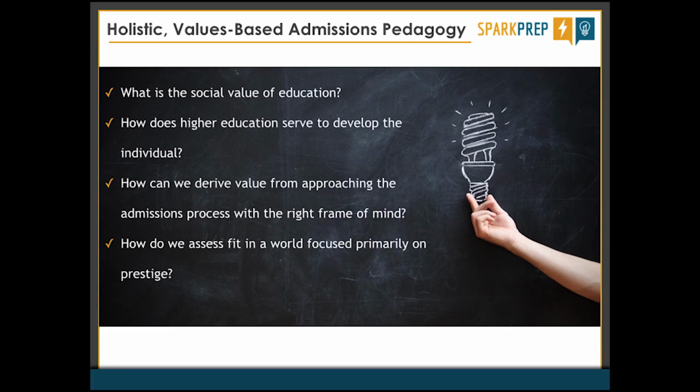The basis for our pedagogy really is this inquiry-based approach to applications. What is the social value of education? How does higher education serve to cultivate and develop the individual, right? Some of these very difficult questions, but really valuable questions to at least plant the seeds in students, because those are the seeds that will blossom throughout their 4 years in college and beyond.